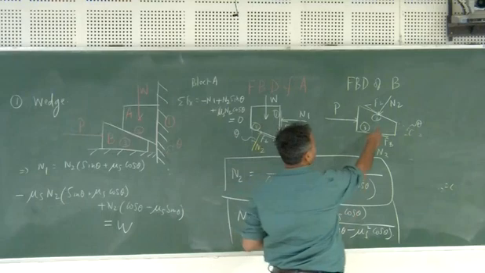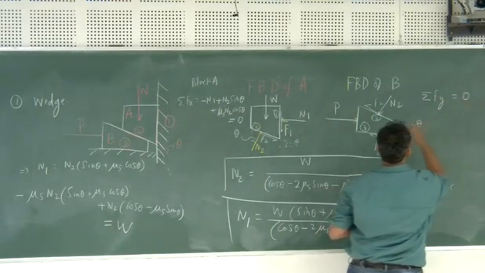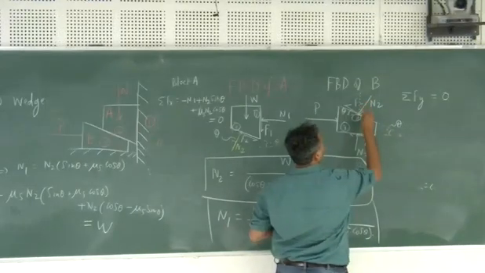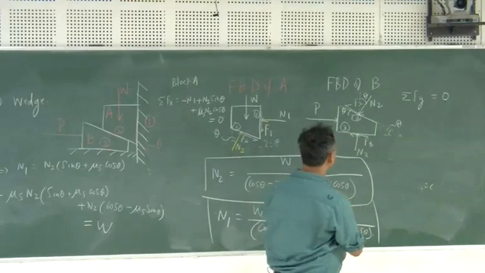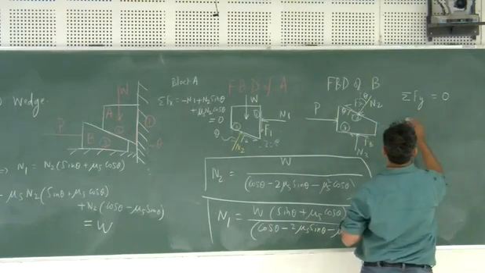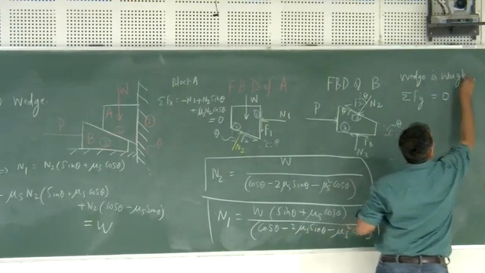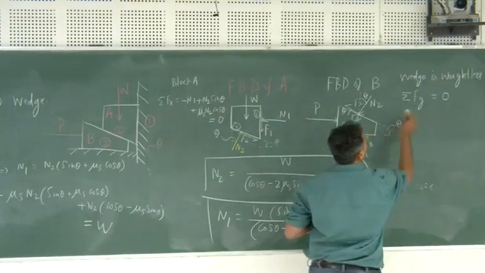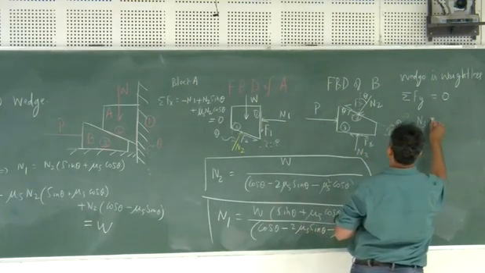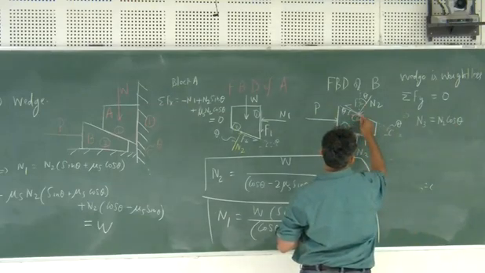Now we have to utilize this relationship. So if we write down again summation of Fy equals 0, let us consider this wedge is weightless. In that case, summation of Fy will give you N3 equal to N2 cos theta, and this one will give you this and this.